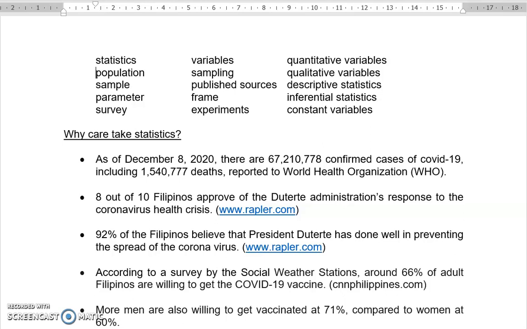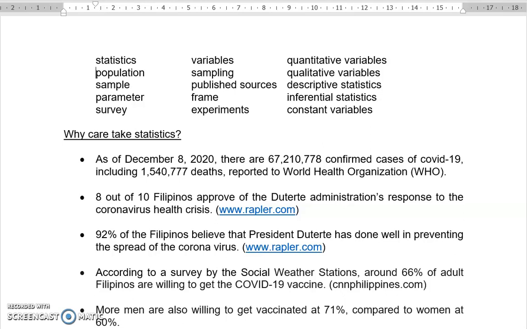Now, another data is 8 out of 10 Filipinos approve of the Duterte administration response to the coronavirus health crisis. Now, the question is, ginunsa man ni sa Rappler? For example, how did Rappler come up with this result that 8 out of 10 Filipinos approved the Duterte administration response?